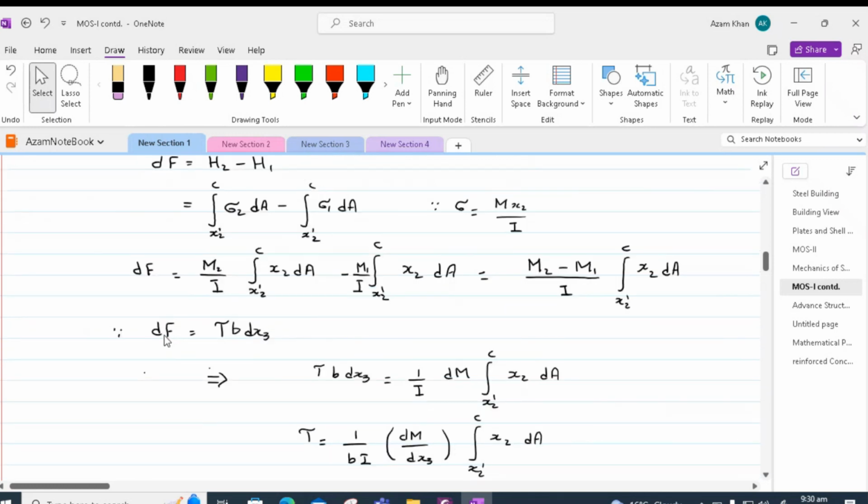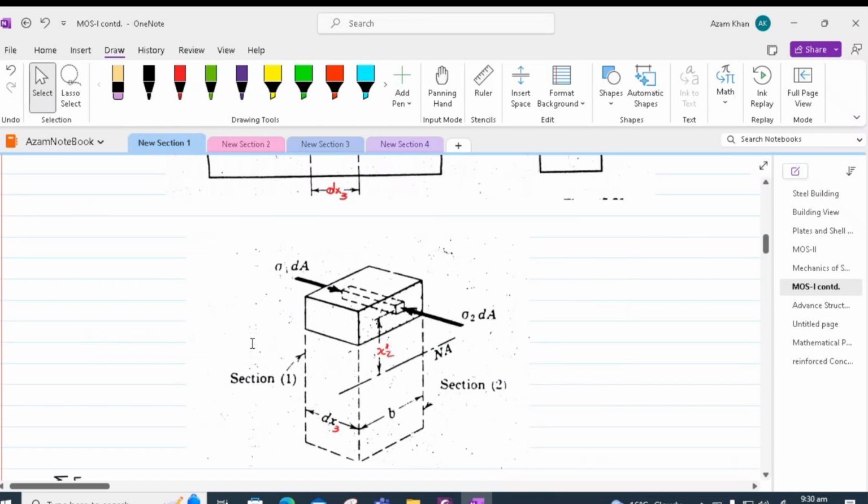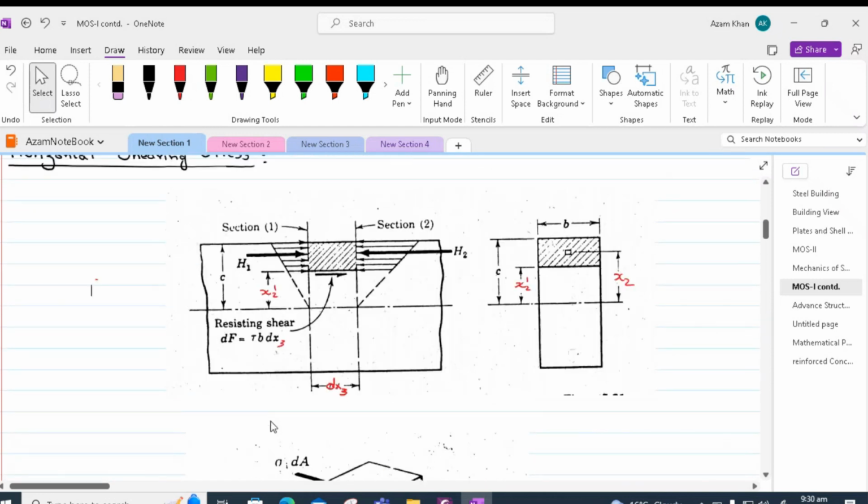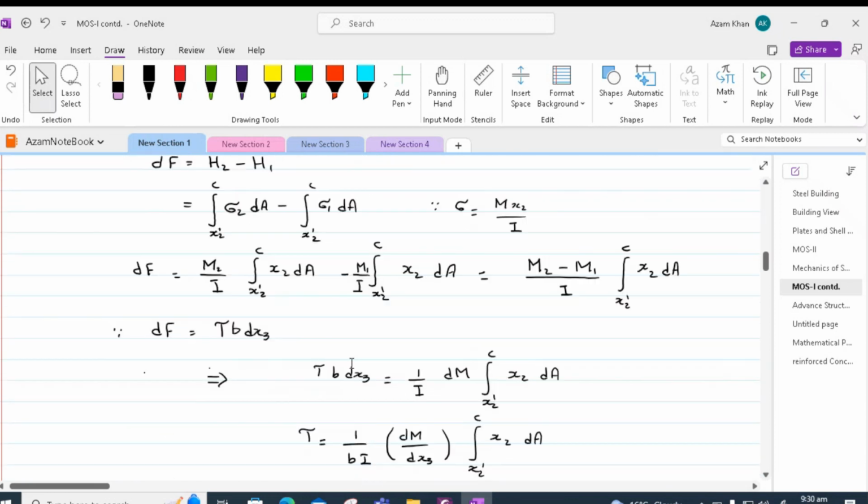We discussed that dF is equal to tau b dx3, tau being the average shear stress over the differential area. So putting the value of tau b dx3 in this equation, we get tau b dx3 is equal to 1 over I dM, integral from x21 to c of x2 dA. If we assume that M2 and M1 are very close to one another, so the difference M2 minus M1 will give us dM.